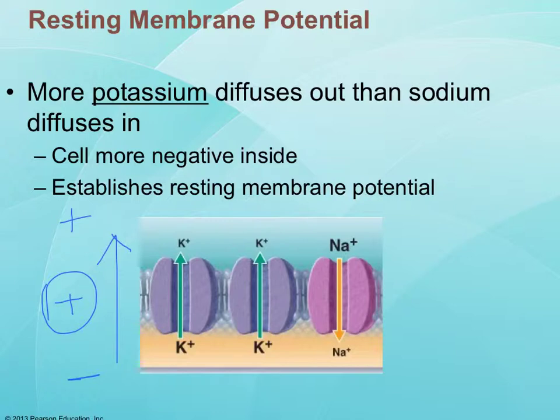Once the chemical gradient and the electrical gradient reach a balance, that's the time the resting membrane potential is reached. So the end result is that the cell becomes more negative inside, and the resting membrane potential is established.